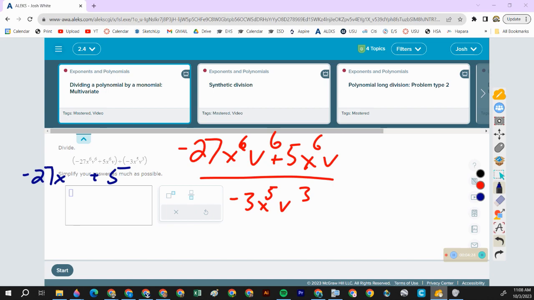Not all of them, but I can divide. How many v's do all 3 terms have? So this one has 6, this one has 1, and this one has 3. So I can only cancel one of them. So v to the 5th, no v's there, negative 3, all the x's are gone, v squared, like that.